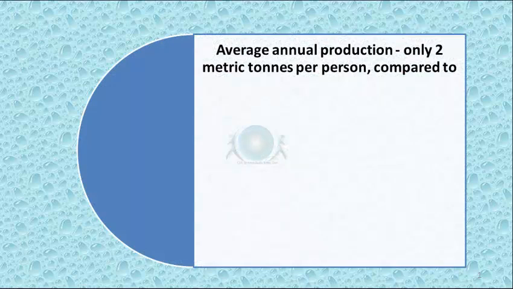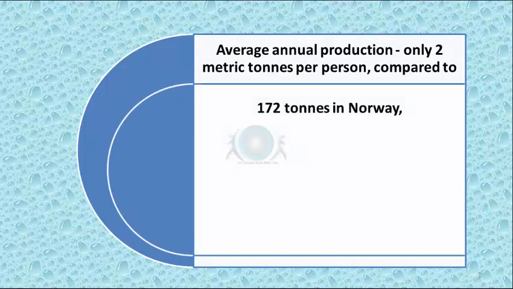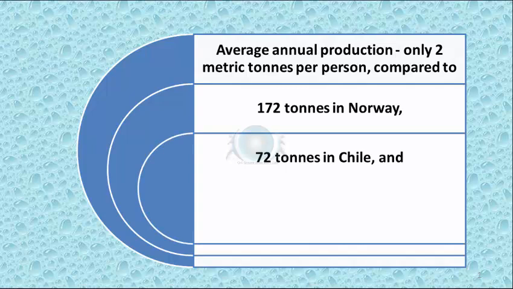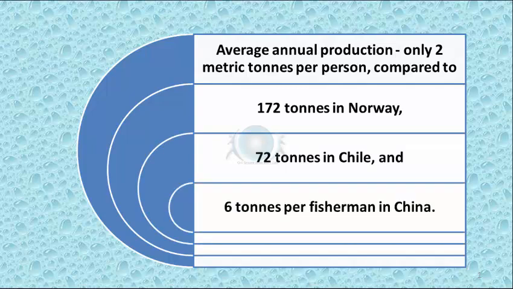Now, despite the rapid growth in fish production in India, the average annual production is only 2 metric tons per fisherman, as compared to 172 tons in Norway, 72 tons in Chile, and 6 tons per fisherman in China.